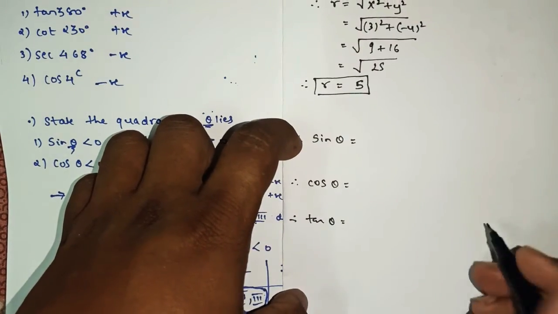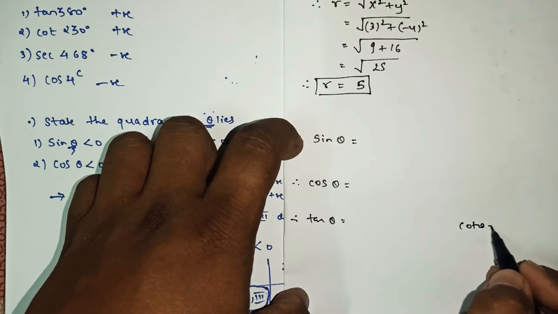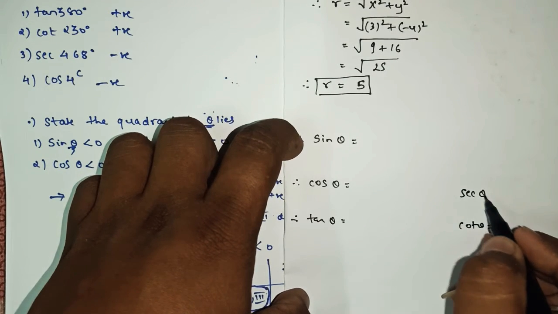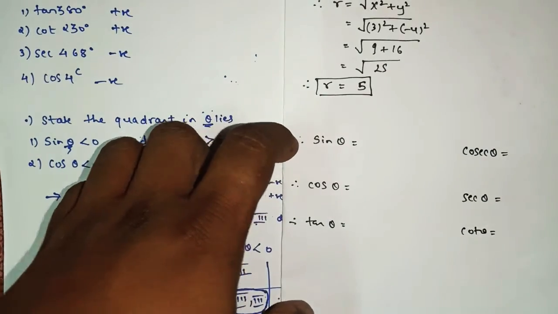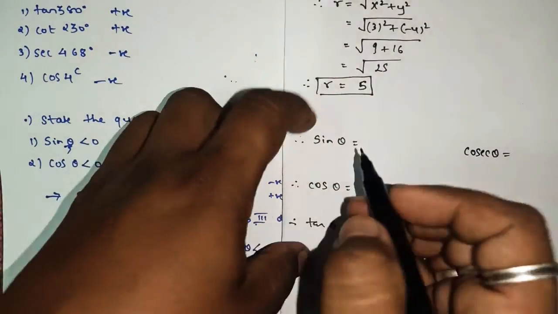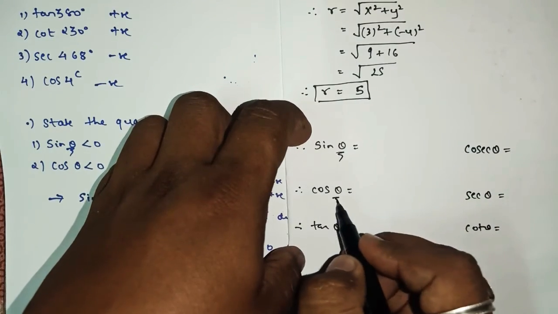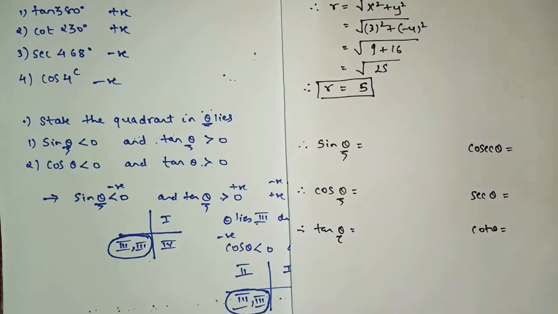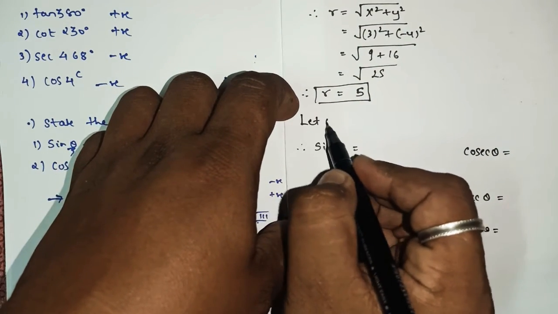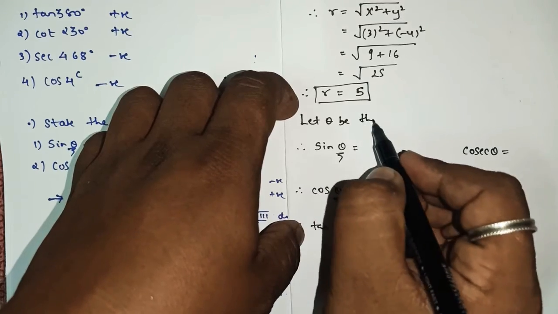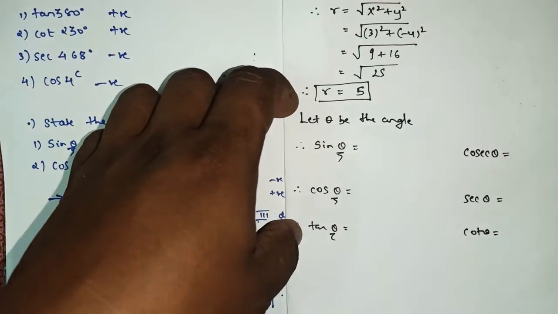After tan we'll write cot theta, sec theta, and cosec theta. But here we don't know the theta. Whether it is 60, 30, 40, 50, we don't know. So here we'll write: let theta be the angle.